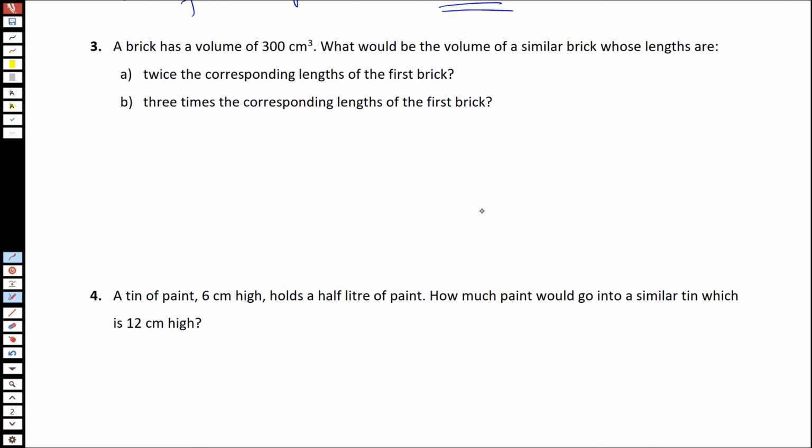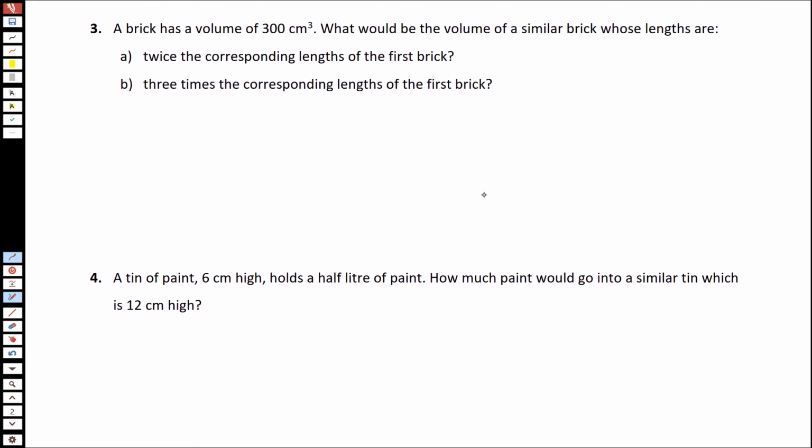Okay, number 3, a brick has a volume of 300, and what will be the volume of a similar brick whose lengths are (A) twice the corresponding lengths, and again here the keyword is twice, and (B) 3 times.